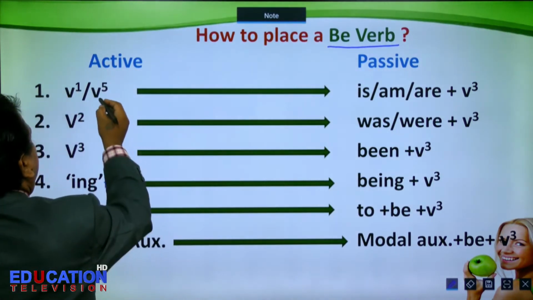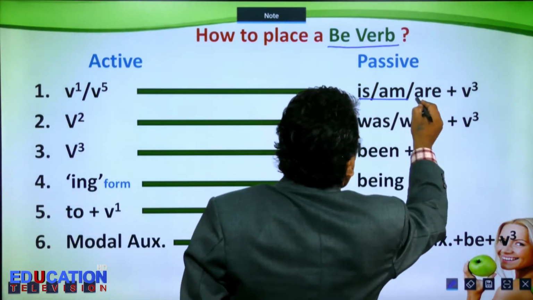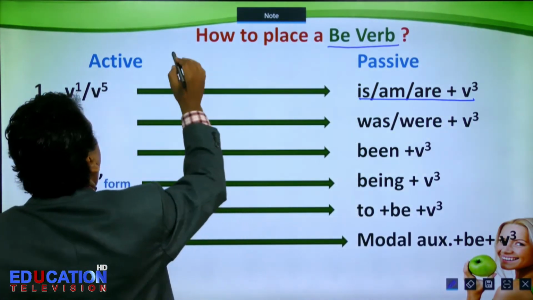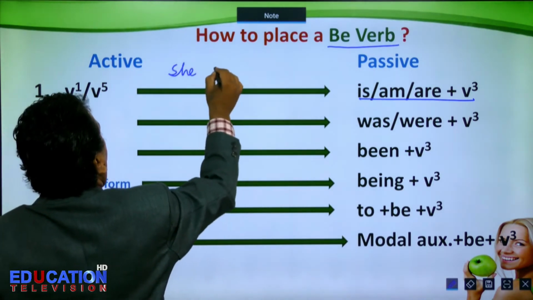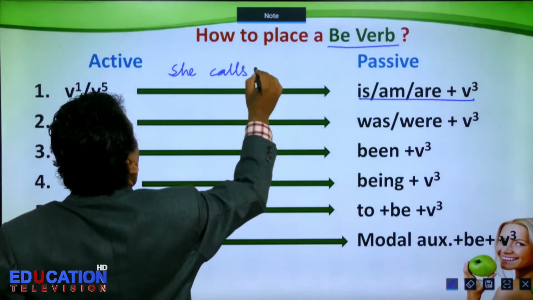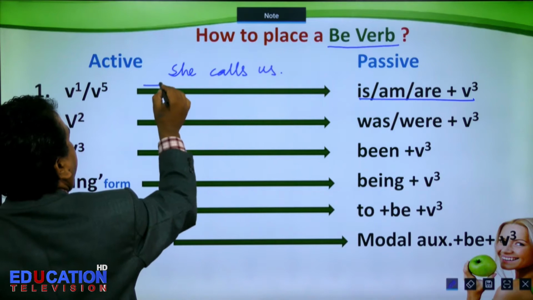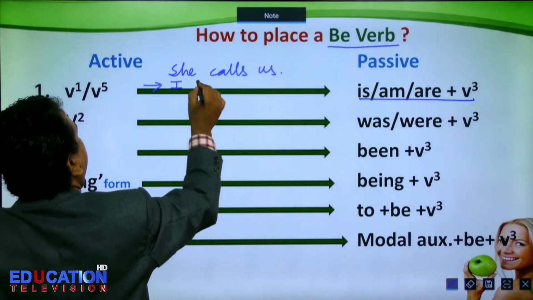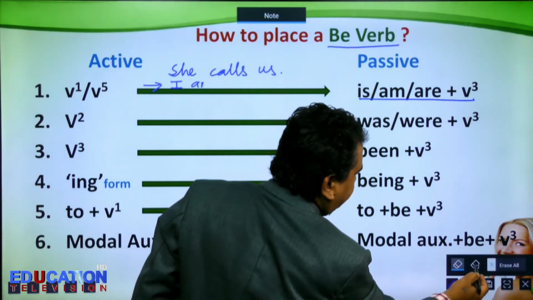Now let us see. If there is V1 or V5, we write is, am, are plus V3. For example, she calls us. Now it becomes we.